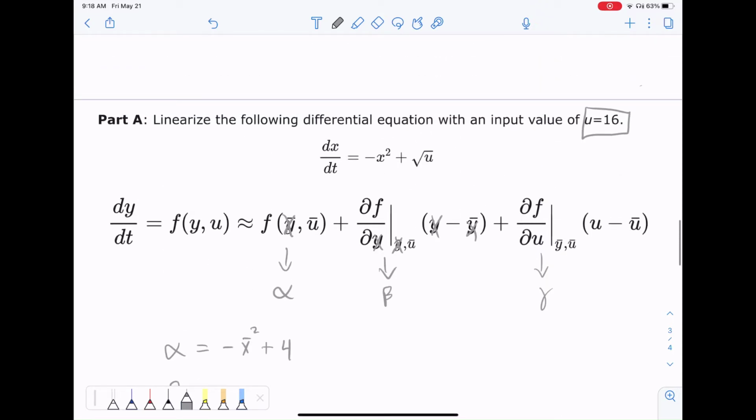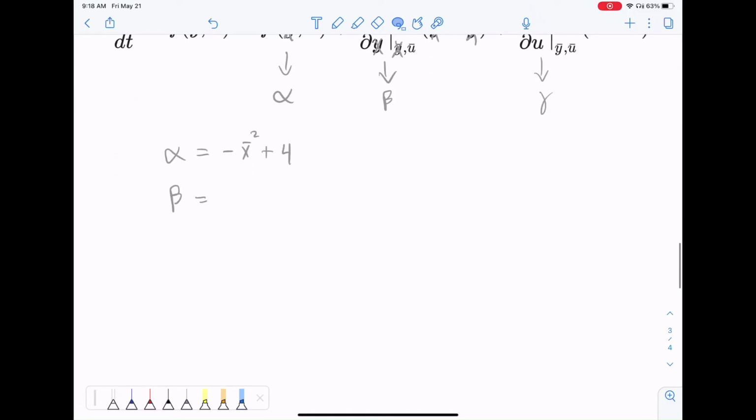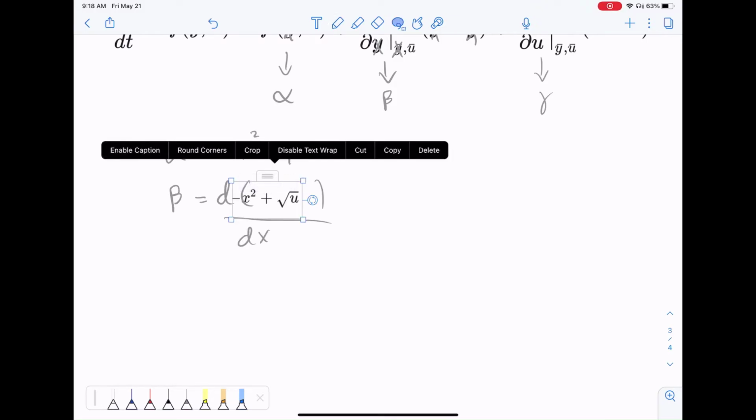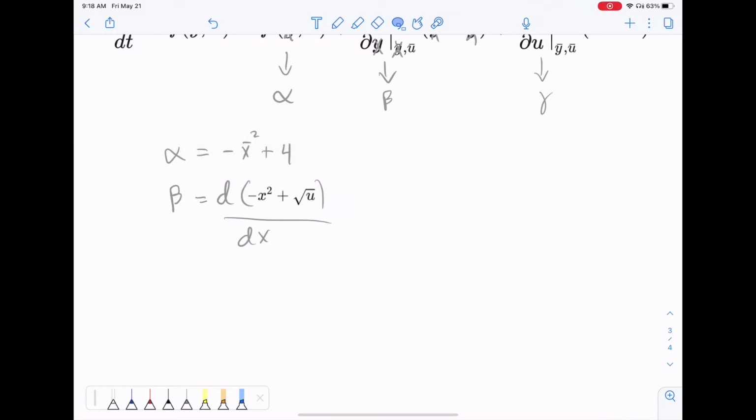Our beta is going to be the derivative of this function right here with respect to x. So I'll copy it and take the derivative of this with respect to x. Obviously that radical u is just going to go to 0, and we're going to get negative 2x bar.